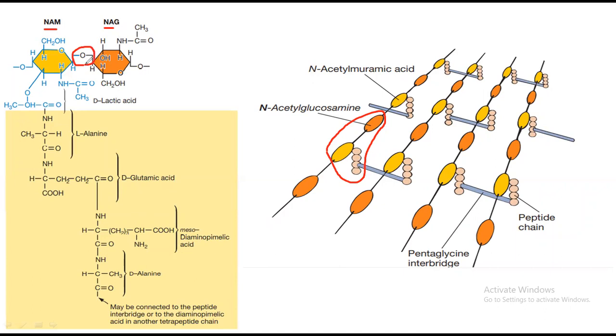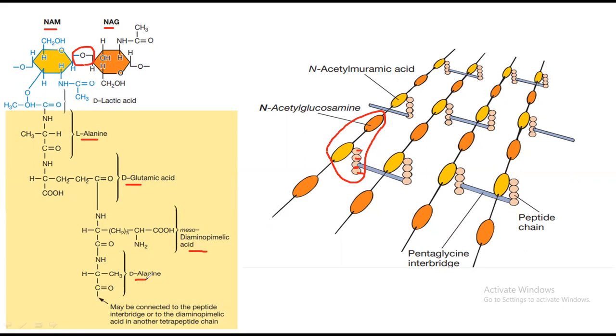After that, these four rings are amino acids attached to N-acetylmuramic acid. These are L-alanine, D-glutamic acid, diaminopimelic acid, and D-alanine. So keep this structure in your mind.